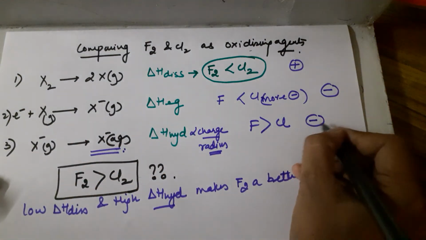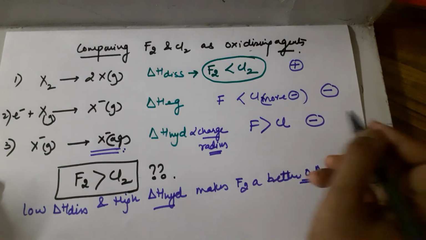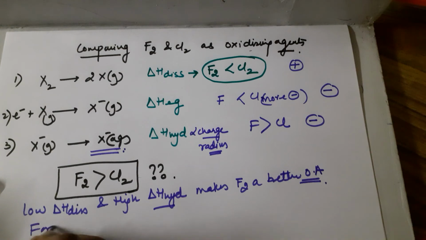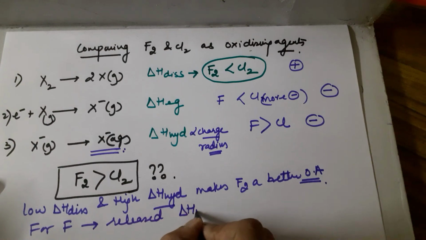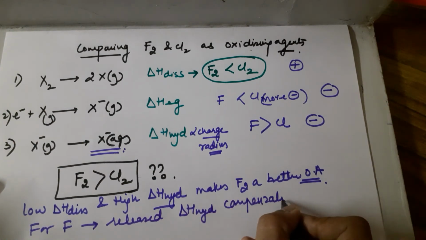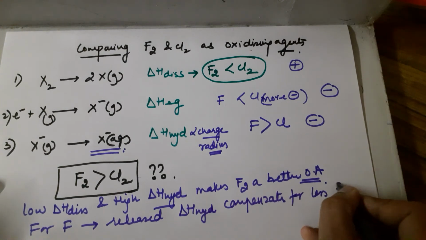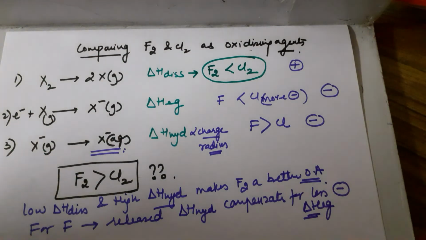So the hydration energy released compensates for the lesser electron gain enthalpy. Hence, for fluorine you can say that the released hydration energy compensates for less negative electron gain enthalpy of fluorine, hence making fluorine the best oxidizing agent.